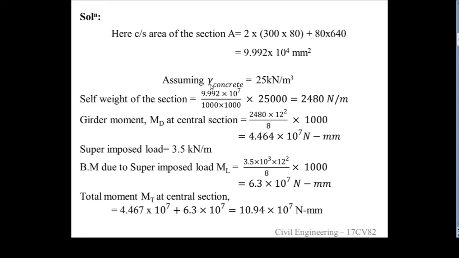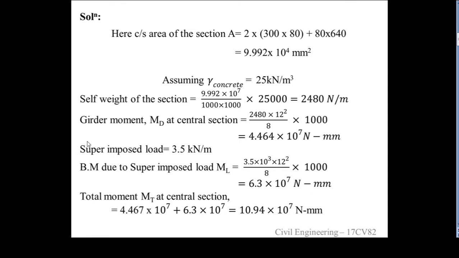Assuming density of concrete is equal to 25 kN per meter cube, the self weight of the section is equal to 9.992 into 10 raised to 4 divided by 1000 into 1000 into 25,000 is equal to 2480 Newton per meter. This is converted for meter.